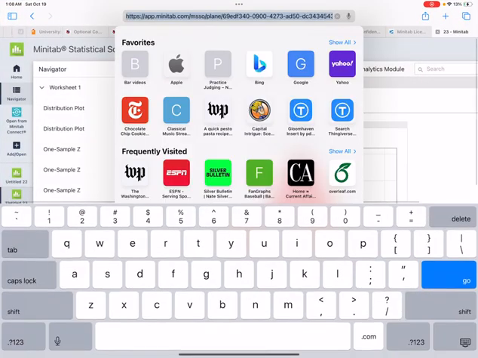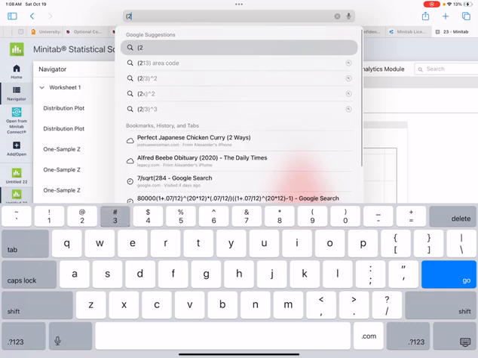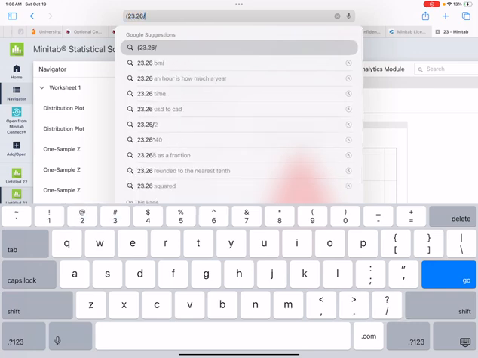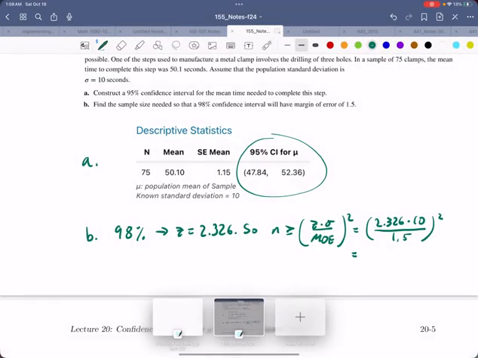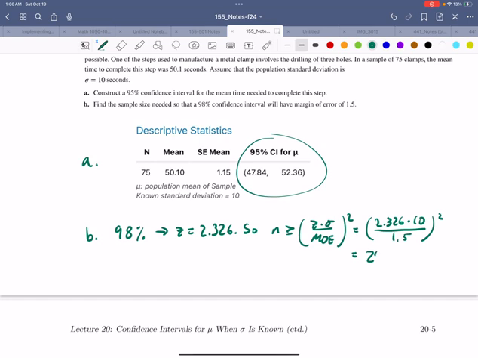Let's see. 240 and change. So we need n greater than or equal to 241. And that's all for today.